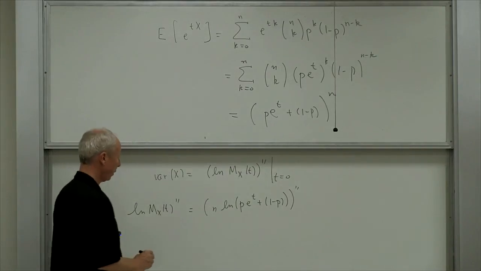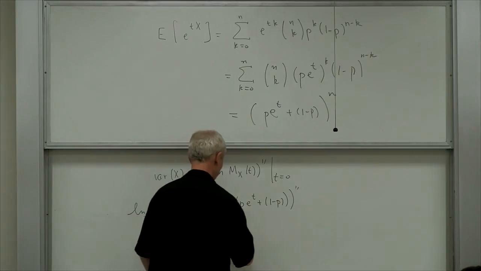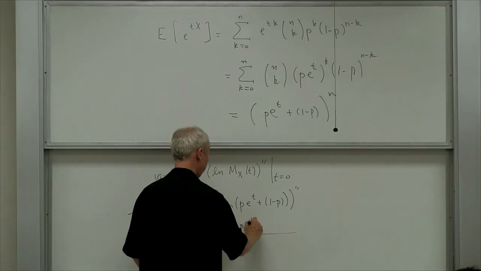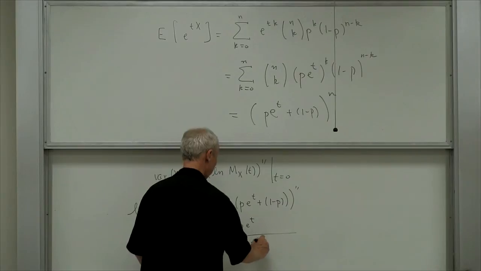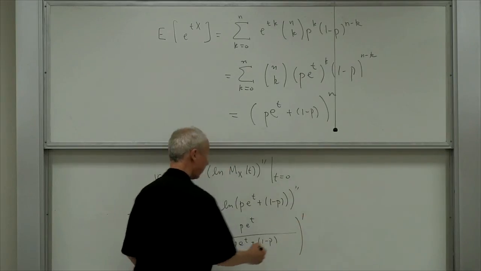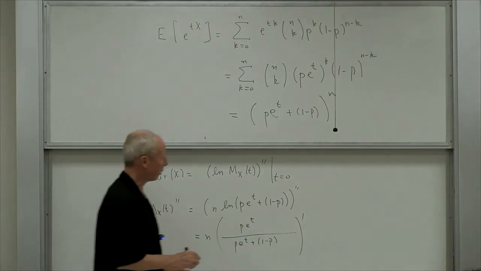Okay. And the first time I differentiate, this n I'm going to put outside always. I differentiate this with respect to t, right? And that gives me p e to the t over p e to the t plus 1 minus p. That's from the first differentiation. And now I differentiate again.